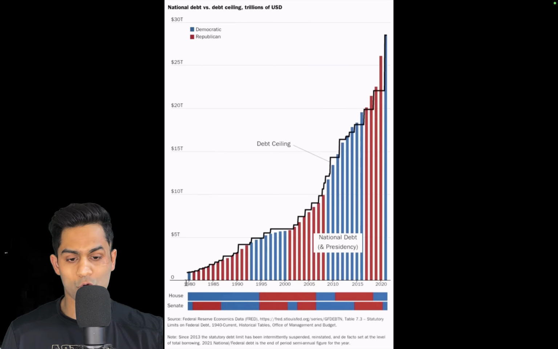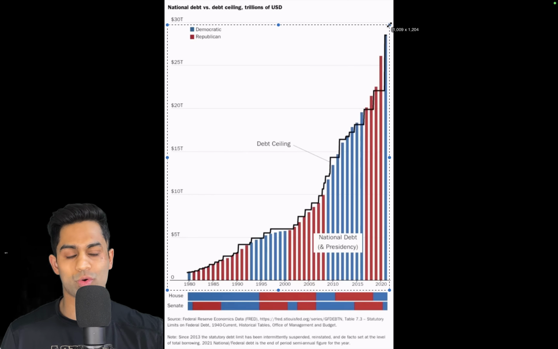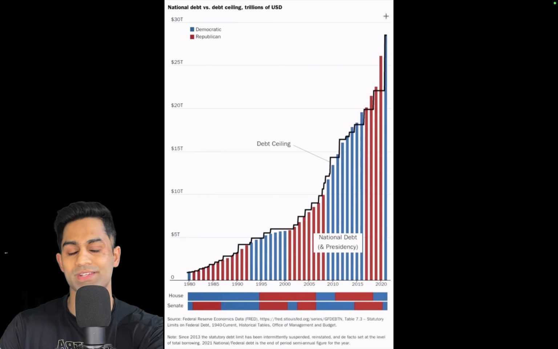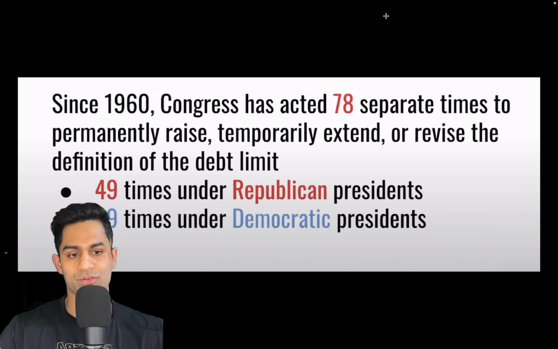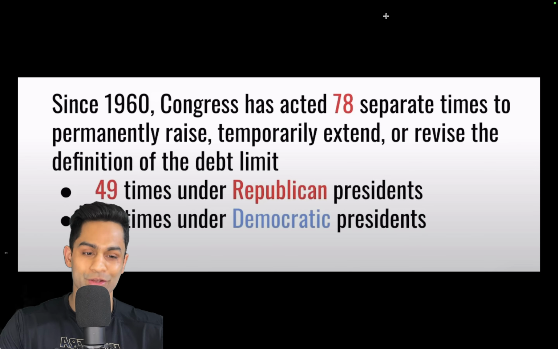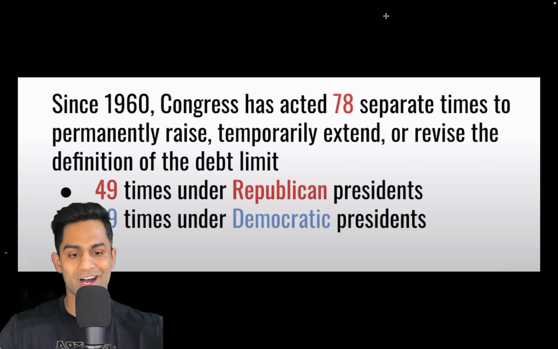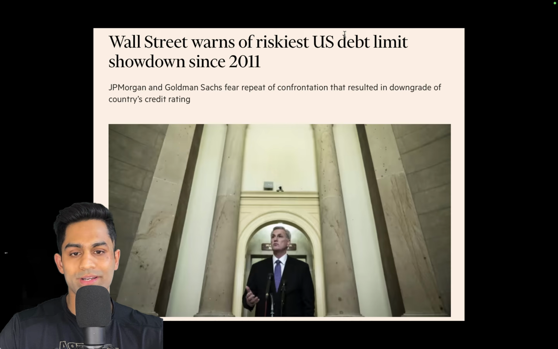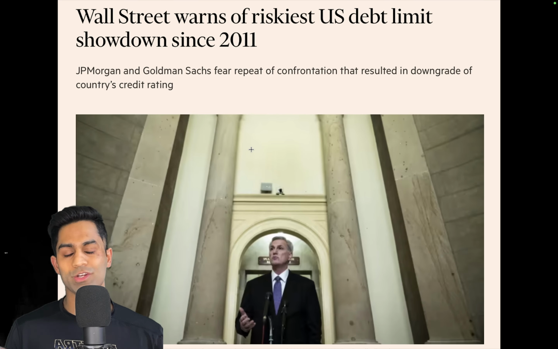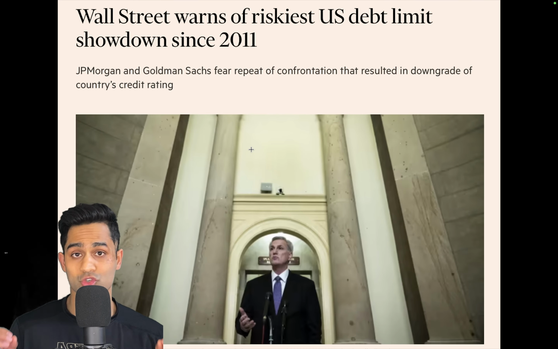I think going back as far as the 1980s, you've also had more Republican presidents than Democratic presidents. Don't quote me on that, but I think that is also true. So just by law of math here, you will most likely have more debt ceilings being raised by Congress under Republicans being in office versus Democrats.